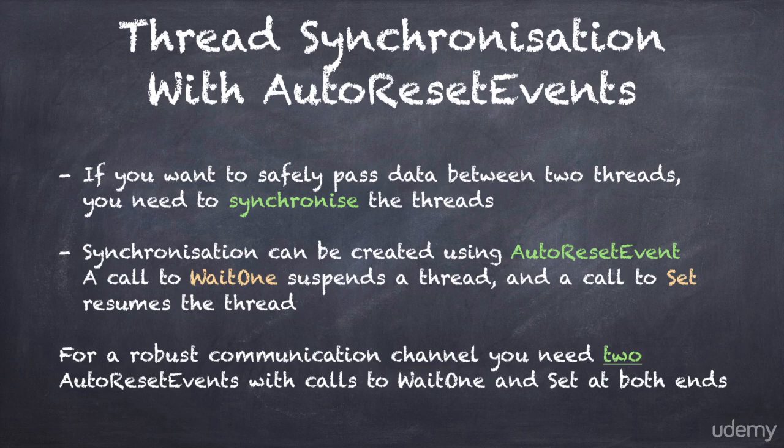A call to wait1 suspends a thread, and a call to set resumes the thread. For a robust communication channel, you need at least two AutoReset events with calls to wait1 and set at both ends.